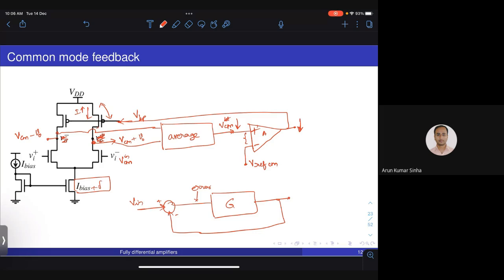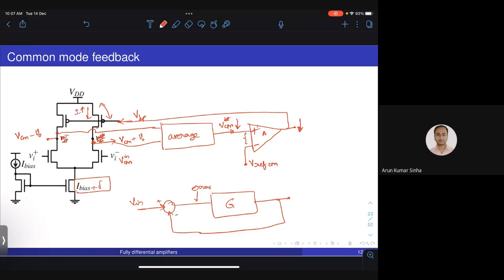to stabilize the output common mode. The same thing happens the other way around if the tail current is slightly less than the source current. So by setting up a negative feedback loop like this, we can make sure that all the transistors will always be in saturation without having any problems of mismatch.